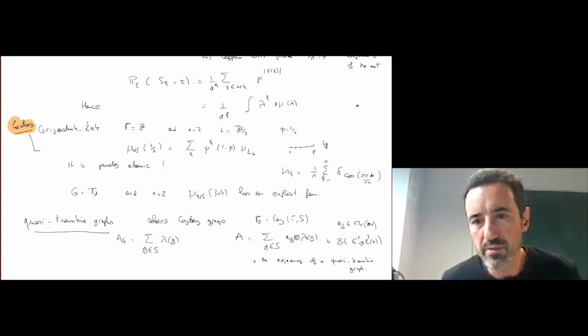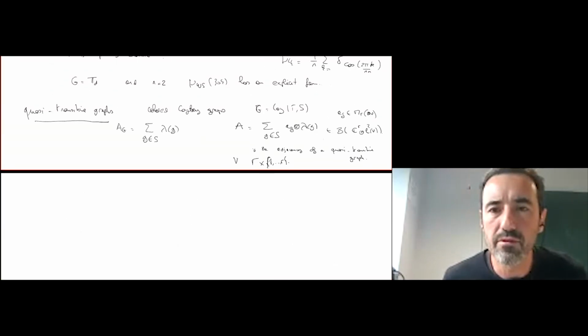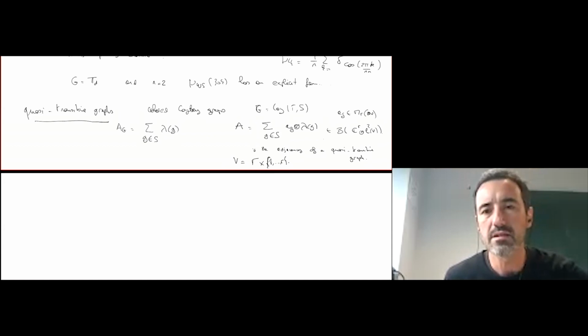The vertex set is the group times the set 1 to R. So you add to each group element a color, and then you use these matrices to define the adjacency in this graph, and you obtain a quasi-transitive graph on this vertex set.